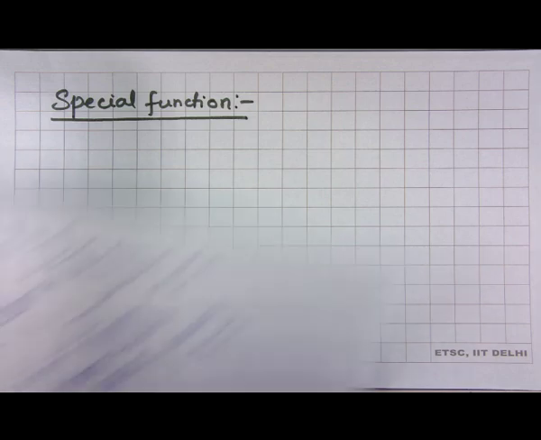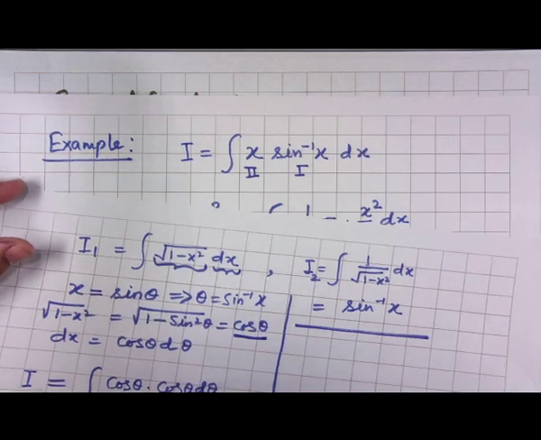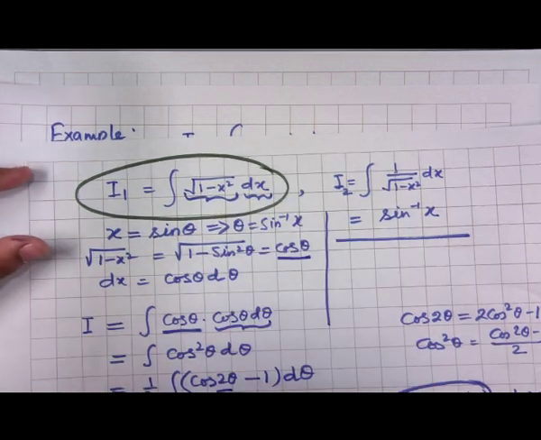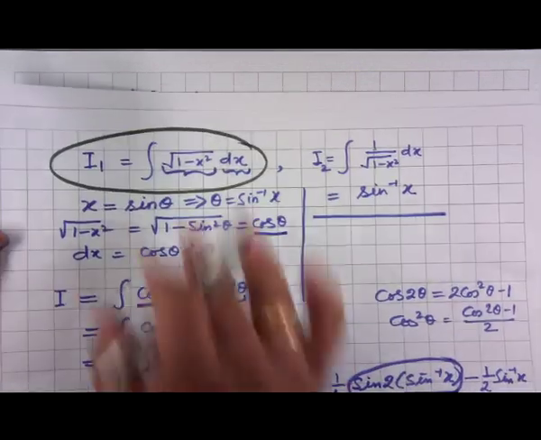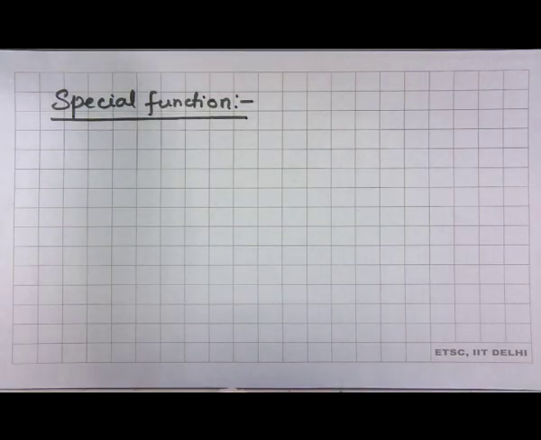So, when I was solving the problem of x sin inverse x for you, I obtained this function I1. This kind of function in fact can be solved in general and their integral found.